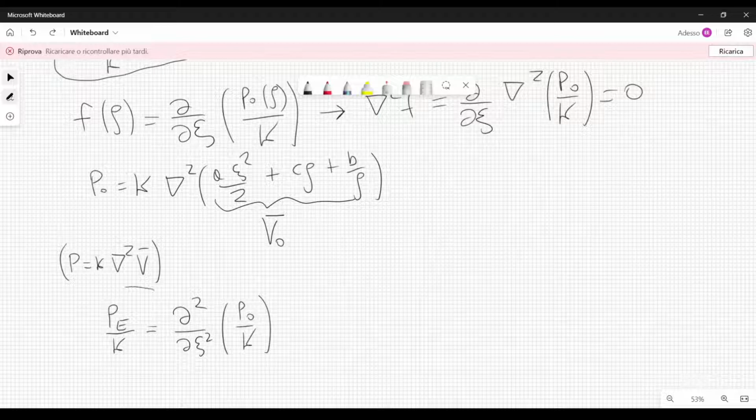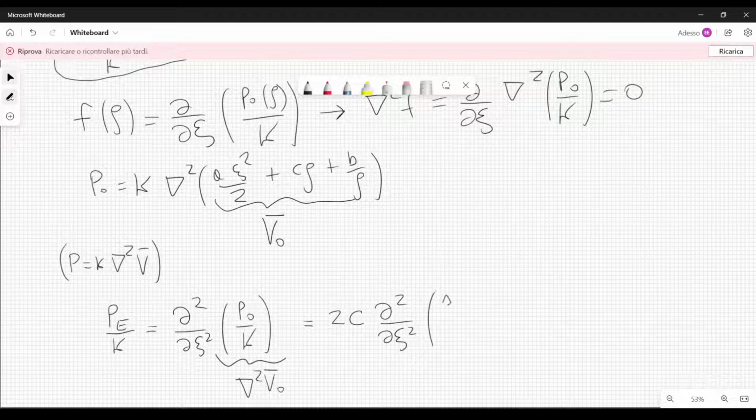We know that the Laplacian of this function, which is equal to this function here, is still equal to 0. And we will define P0 over K as del squared V0 bar, as we know. And this is equal to, if you also take a look at the expression for V0 bar, 2c del squared d xi squared of 1 over rho, and we will define this as del squared V bar E, because we want this form.